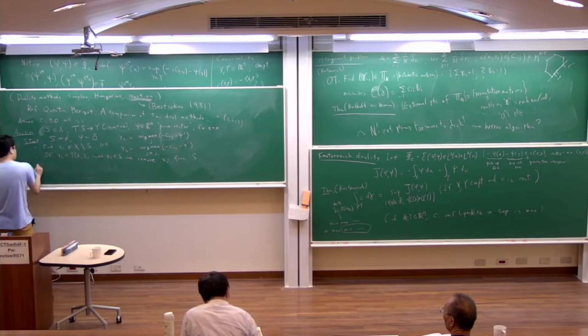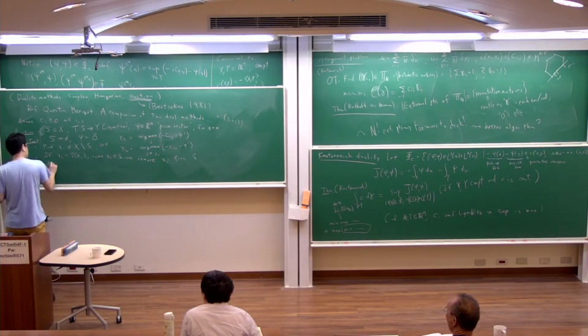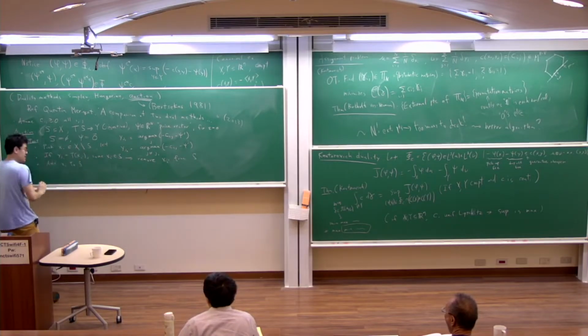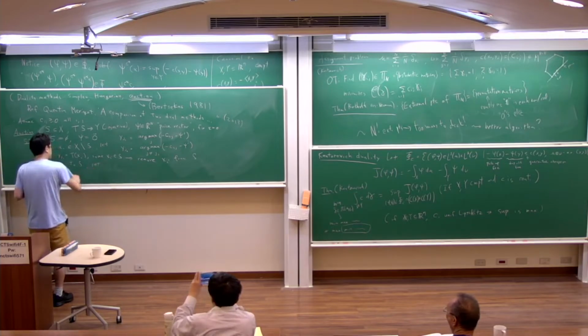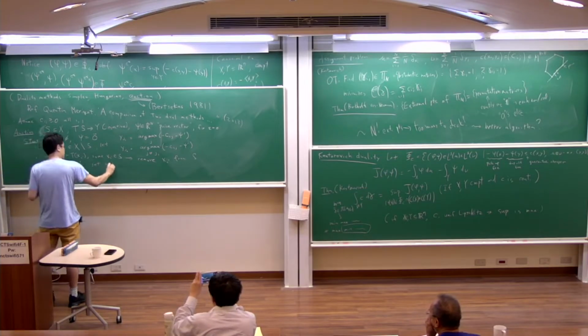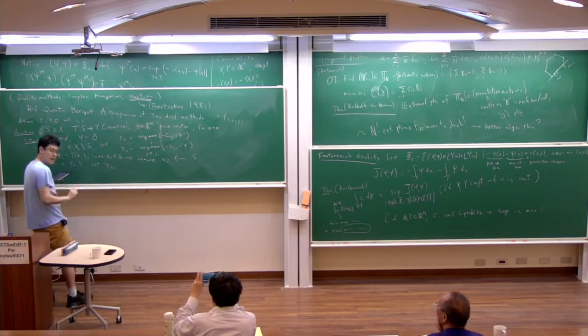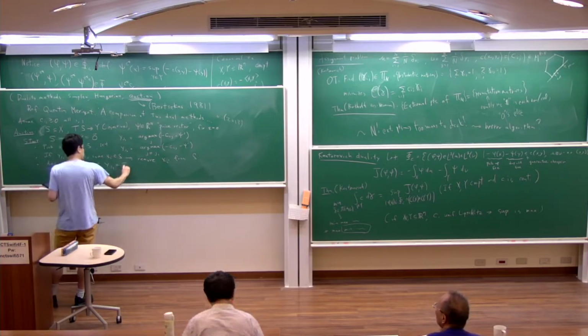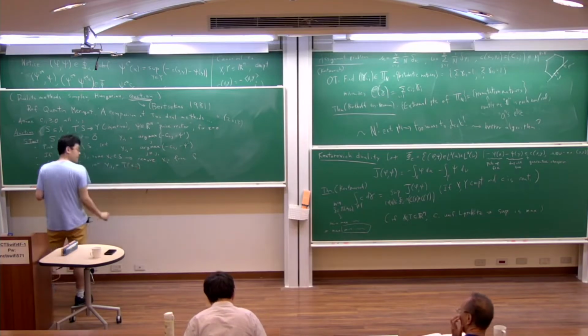Otherwise, I add this element xi to S, since I picked something that wasn't in S, and I set yj1 to be equal to T of this xi.